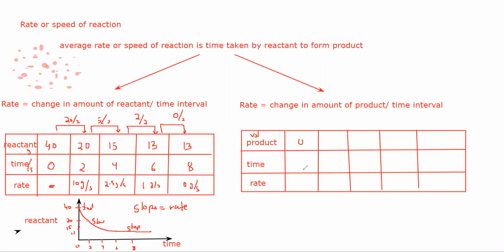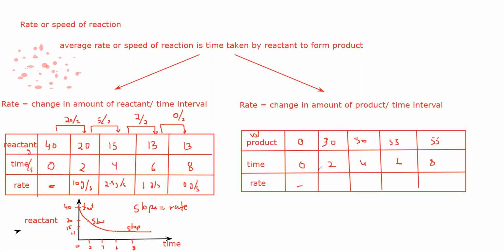In the beginning, every 2 seconds you're recording the amount or volume of a product. So in the beginning you have 30, then it is 50, then it is 55, and then 55.